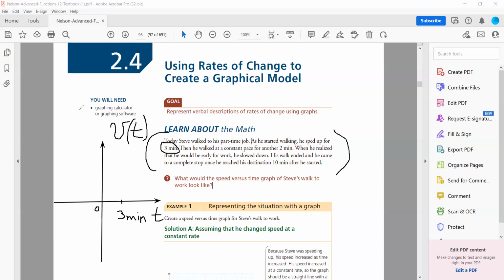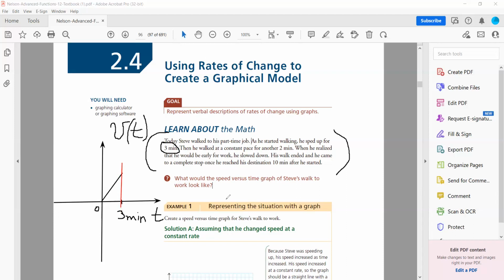Remember, when we talk about rates of change, we could have a constant rate of change like a linear function, and other functions like quadratic may not have a constant rate of change. But let's assume that Steve was speeding up with a linear dependence, increasing his speed by 1 kilometer every minute. So we would have a straight line going up to the moment of time of 3 minutes.